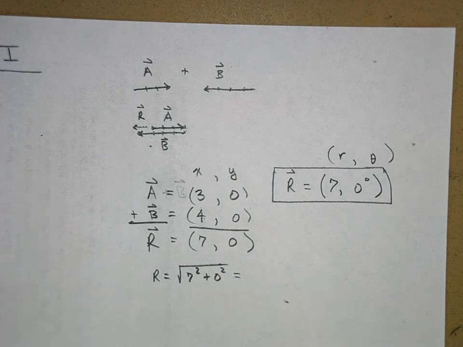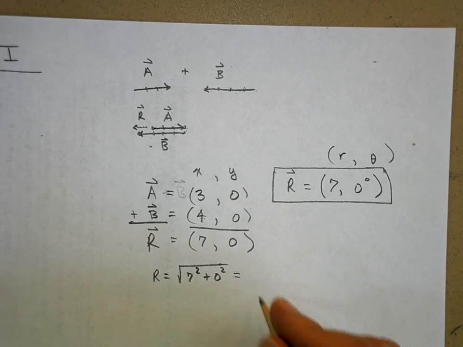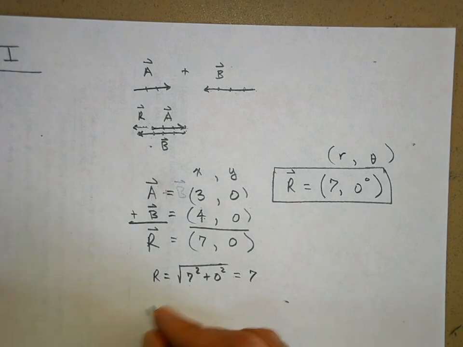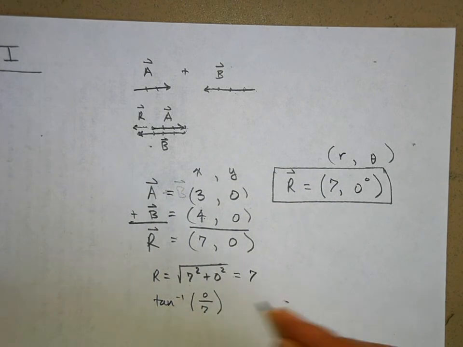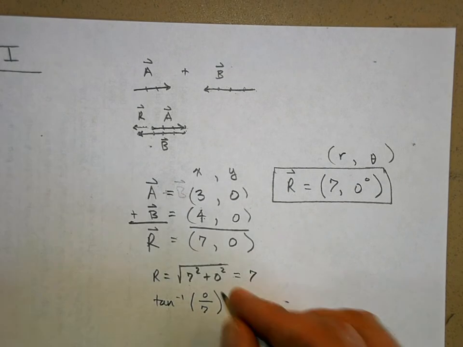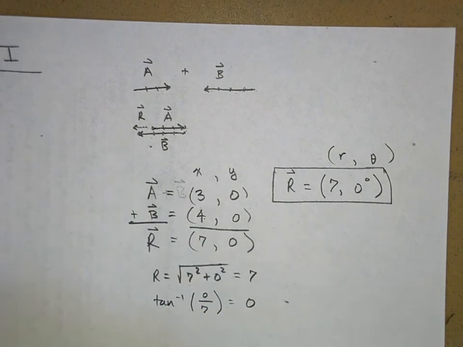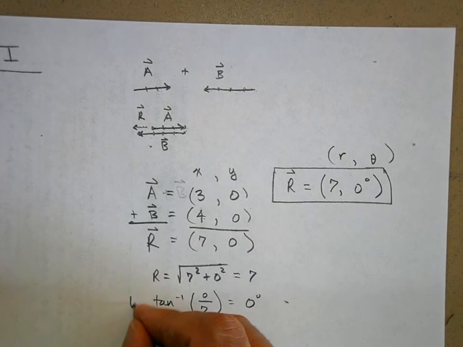Well, what do you get? 7 squared is 49 plus 0. Square root of 49 is 7. Then you can take the inverse tangent of the y value over the x value. Well, what's the inverse tangent of 0? 0 degrees. So that's our theta.